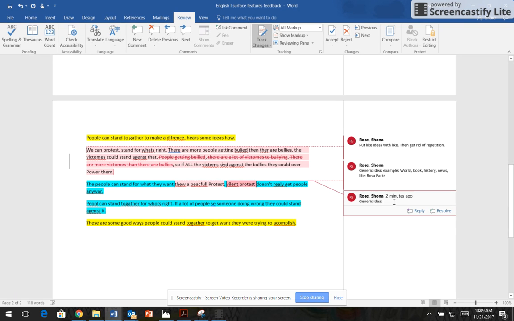The generic idea here is that there is a violent protest. So is there a specific example of a violent protest that didn't get people anywhere with what they wanted? I'm trying to think of an example from sports, when people rioted in the streets whenever their team didn't win.